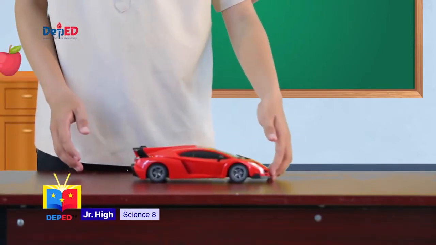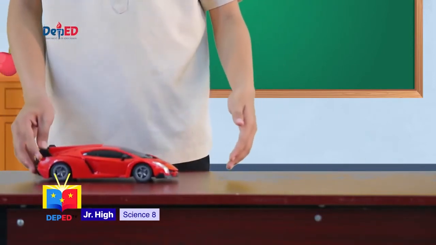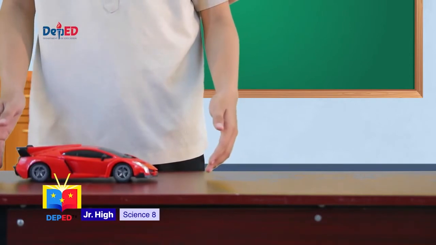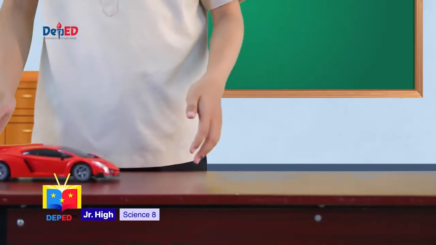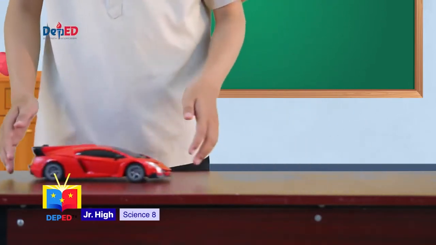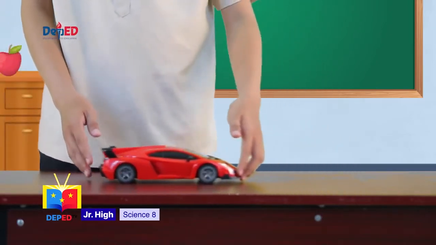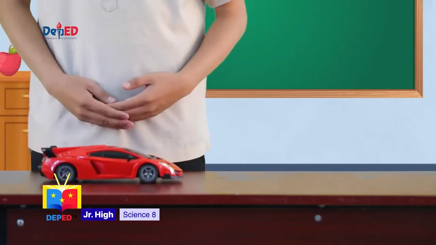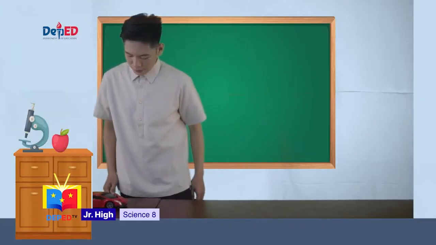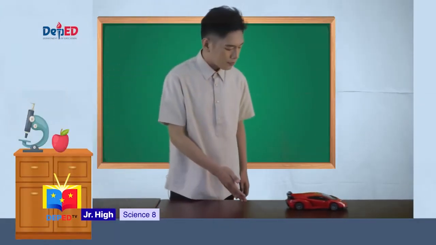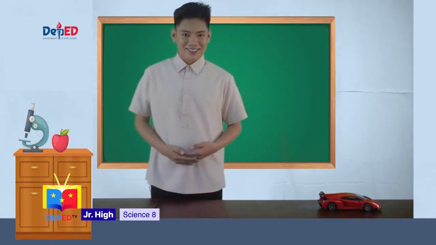The toy car on top of the table will not move unless you apply force to it. If we push the toy car, it accelerates or moves on the surface of the table to the same direction of the force you applied. If we give an additional push to the moving toy car in the same direction where it is moving, it goes faster.